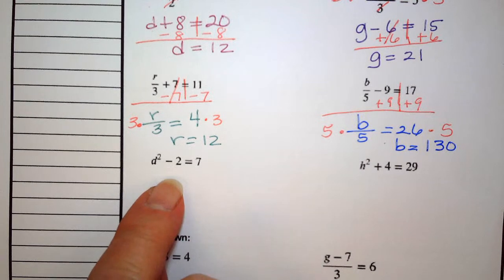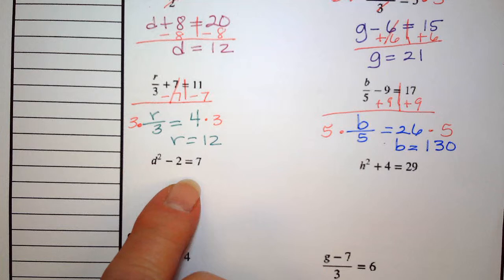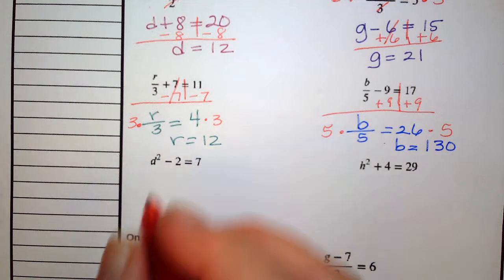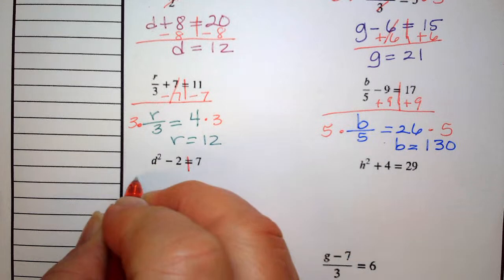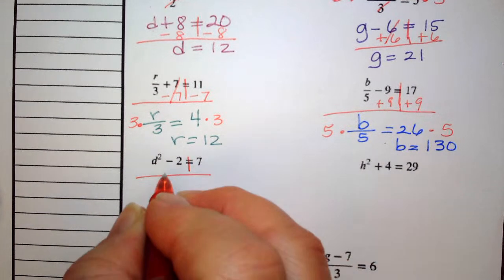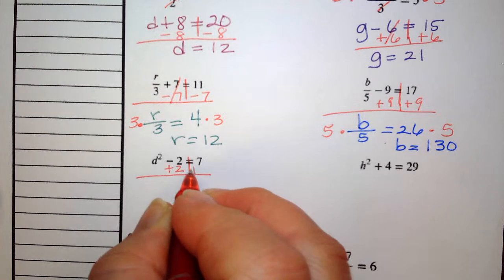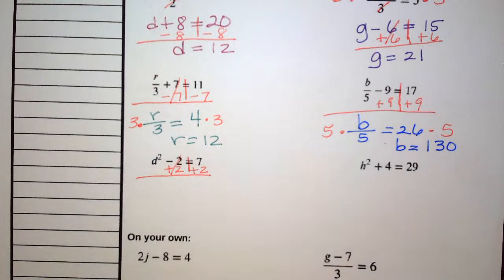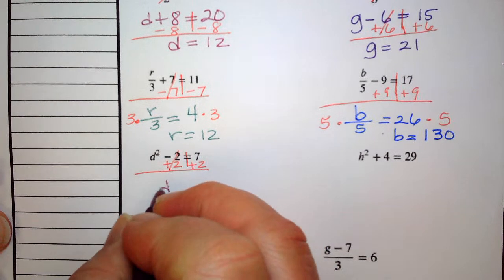Next one, I take a number, I square it, then I subtract 2 and I get 7. What's my number? Well, I'm going to add 2 to both sides, and d squared is equal to 9.